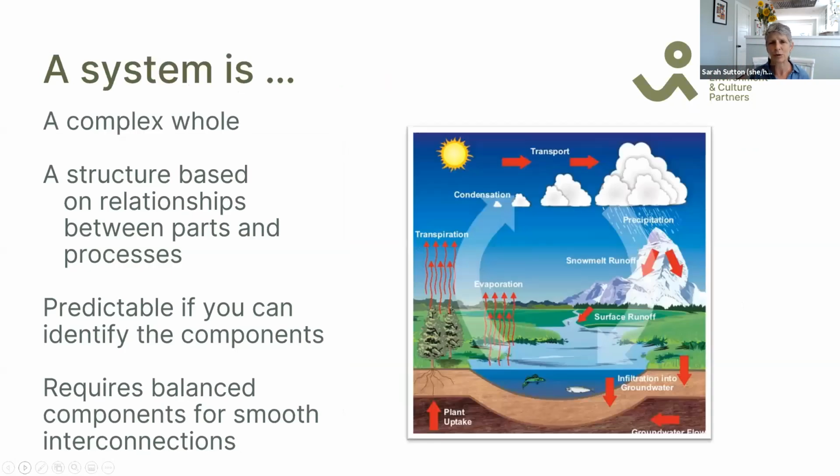So let's have a little tutorial on systems thinking, because you need this in order to make good decisions. So a system is a complex whole. Like, you can wrap your arm around a system and say, this is the system I'm looking at. And all of the parts of it make up that system. Those parts and those processes, when they work well together, they're all balanced, the system works. When something's not working, it gets out of balance and it stops performing the way you want it to.